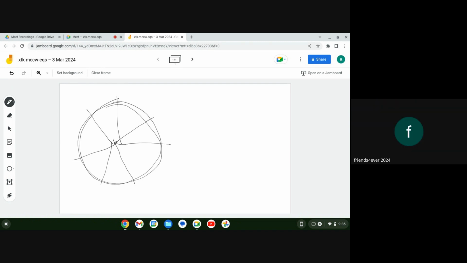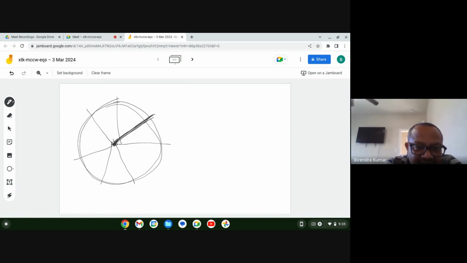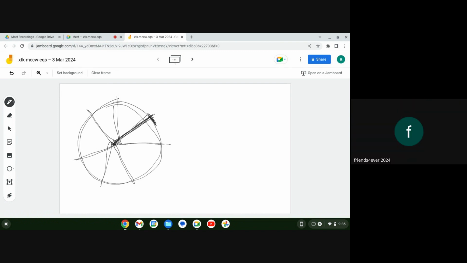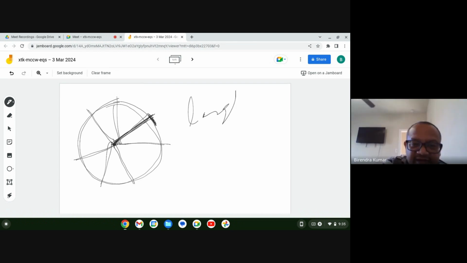That's 7. This is the center where the blades are starting, and the length of the blade is basically this much. All the blades have the same length, right? The length of the blade is actually called something like a radius.